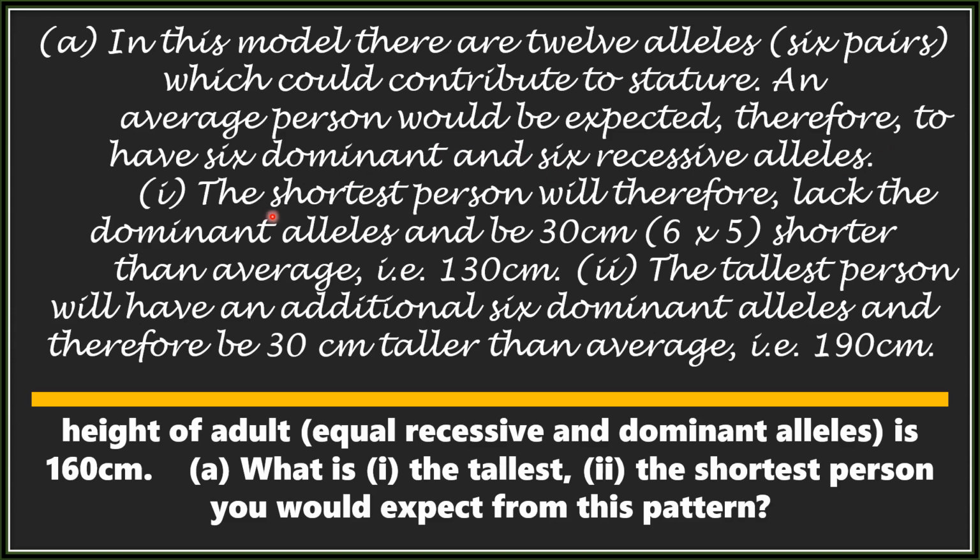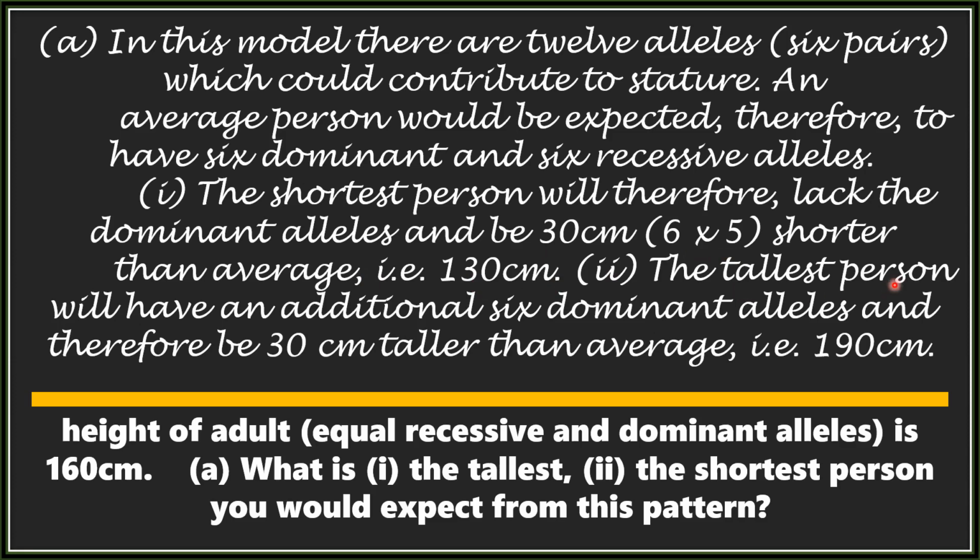The shortest person will therefore lack the dominant alleles and be 30 centimeters shorter, that is 6 times 5, than the average, who is 160 centimeters.